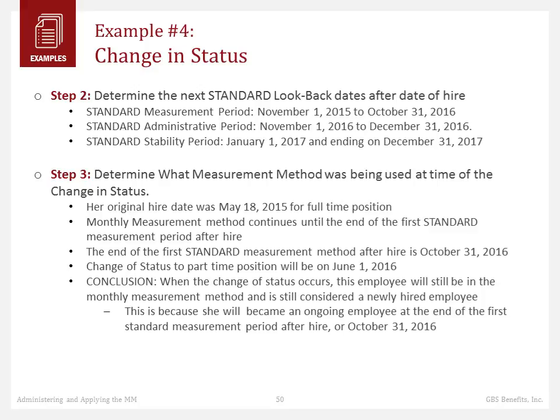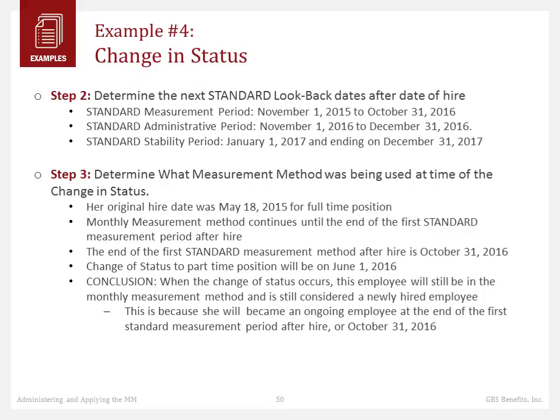Her original hire date, again, if you recall, was May 18, 2015. The monthly measurement method continues until the end of the first standard measurement period after hire. The end of the first standard measurement period after hire, as you recall, is October 31st, 2016. The change in status to part-time will be June 1st, 2016.